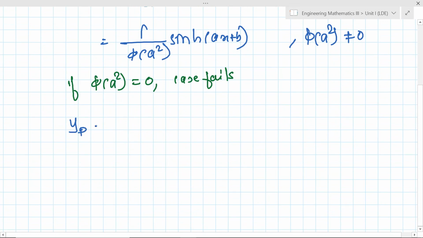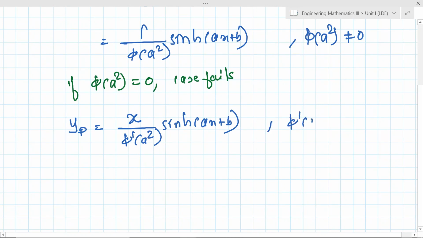Therefore, in that case, my yp is equal to x divided by phi dash of a square into sine hyperbolic (ax plus b), provided that phi dash of a square is not equal to 0. If it is 0, then again case fails. You need to multiply by x square, take the derivative, and then replace D square by plus a square. If D square is not there, then just try to find out the D square. If only D is there, 1 upon D means derivative. In that way you can definitely find out the particular integral.